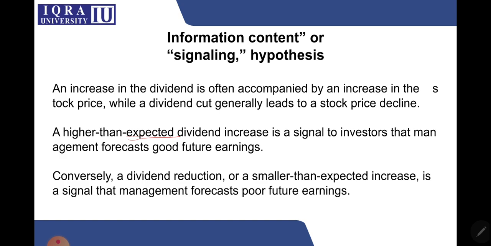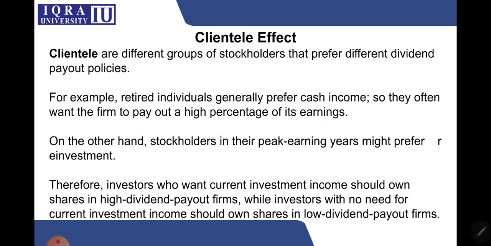But if a dividend of only a small amount is being paid and all of a sudden they're going into thousands, and that is a higher than expected dividend increase, and it is a signal to investors that management forecasts good future earnings. Conversely, a dividend reduction or smaller than expected increase, so it's based on what was the expectation of the investor, a signal that management forecasts poor future earnings. So it's the same thing that I just explained to you.